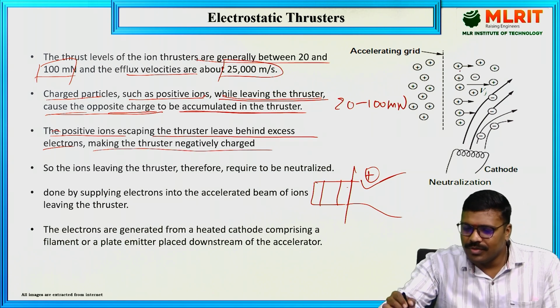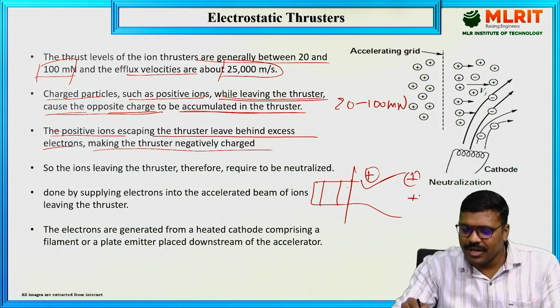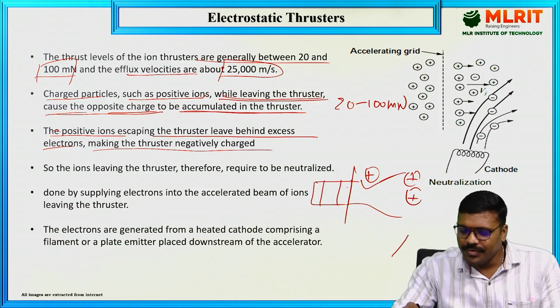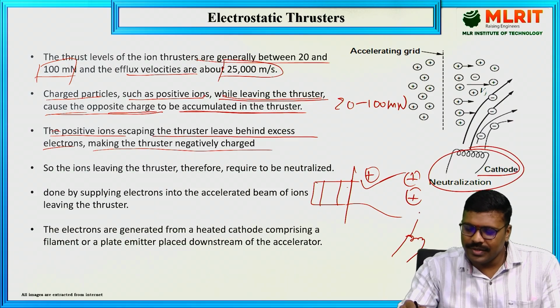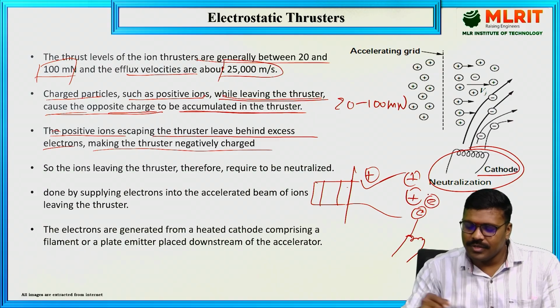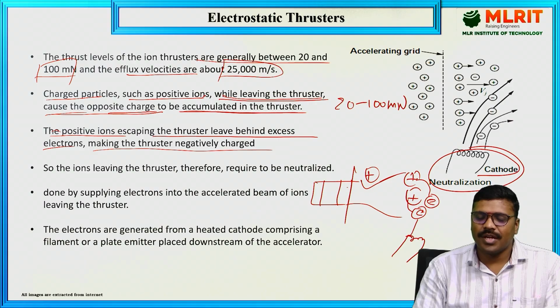Here you can see the positive ions are leaving the chamber. What we do is place one neutralization cathode. This cathode releases electrons, which collide with positive ions and make them neutral.